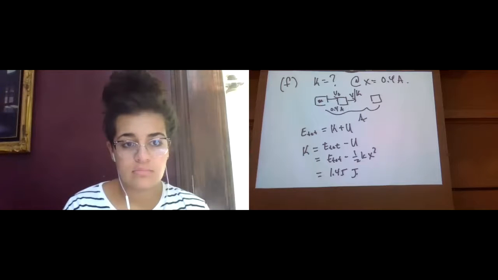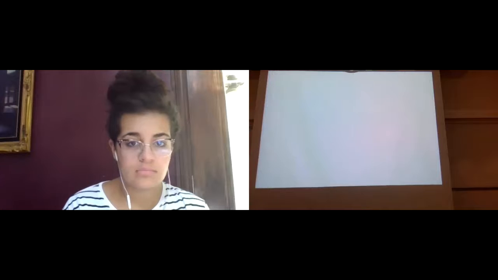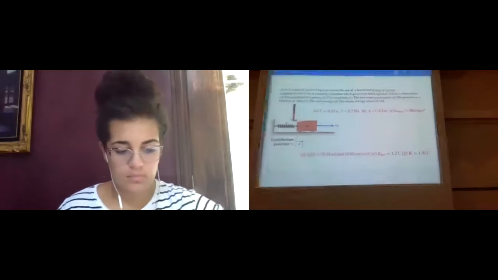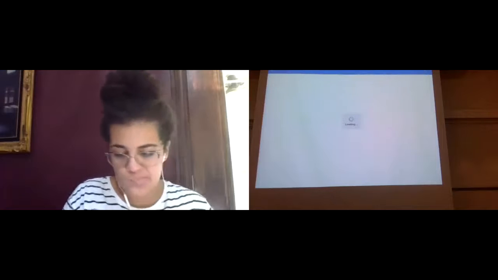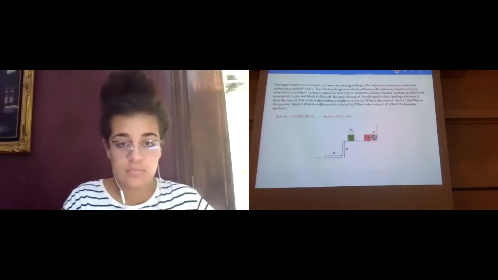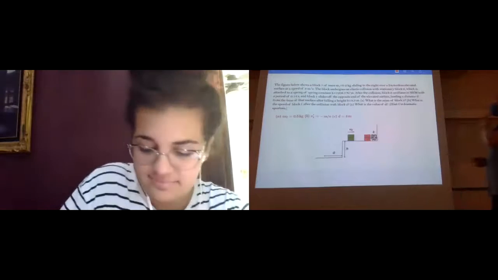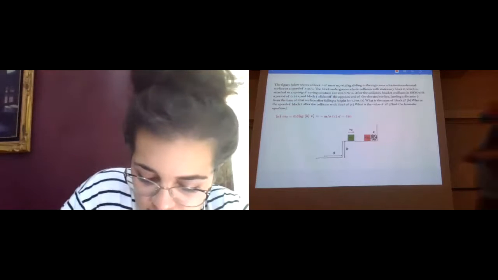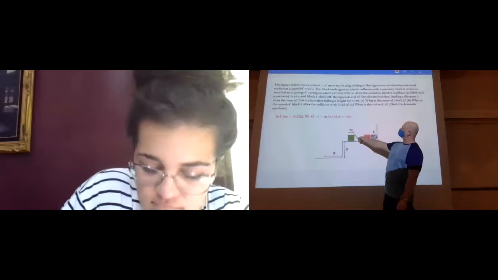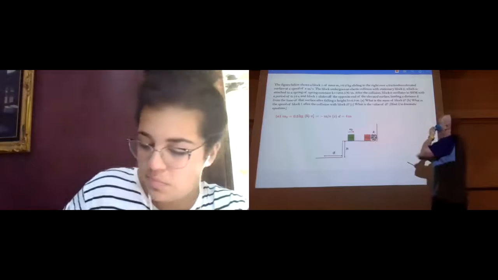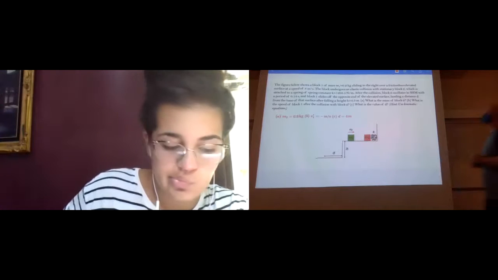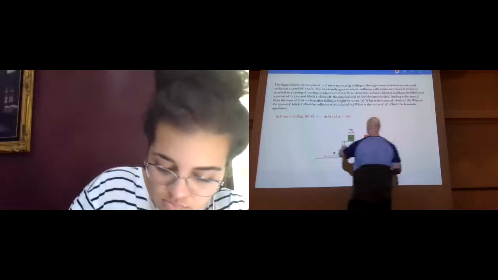Let's do one more example. This one's mostly inserted to get your brain to remember things. So what this says is that in this figure here, we have mass M1, which has a mass of 0.2 kilograms, sliding to the right on a frictionless surface, which is elevated above the ground here.